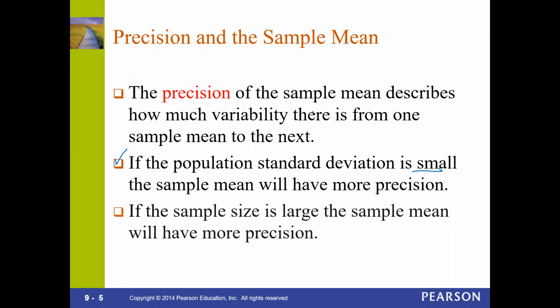If the sample size is large, then you can also have more precision. The sample size will be n. If n is large, then you're going to have more precision. If the standard deviation, sigma for example, is very small, then you have more precision. So this is the definition of precision of the sample mean: how much variability there is from one sample mean to the next.